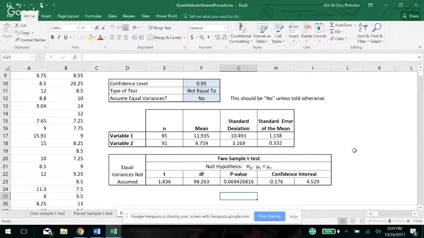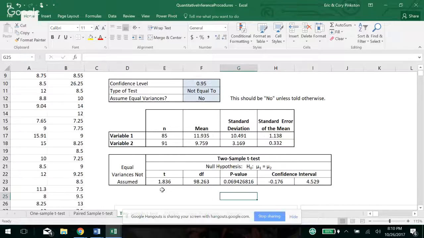State the degrees of freedom. I'm not sure. They didn't really explain how to do degrees of freedom when you have multiple variables. But the degrees of freedom, as you can see on mine, are 98.263, and the test statistic is plus or minus 1.836.